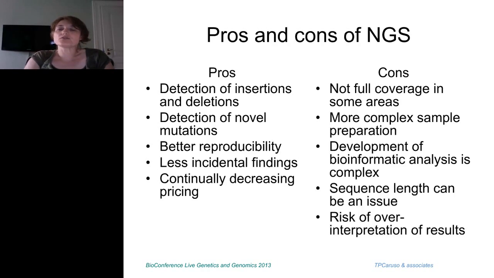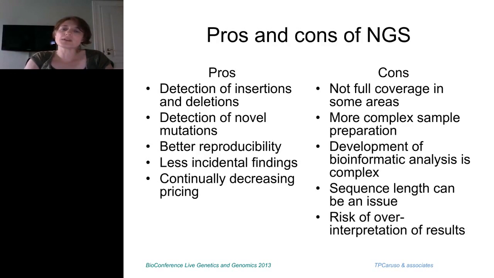The other issue could be the sequence length of the amplicons and of the fragments that are actually sequenced. Let me give you one example. The Gaucher disease GBA gene has a pseudogene, and to get around the problem, we had to amplify large 2 kb amplicons, which obviously for next generation sequencing will not work very well, or at all.